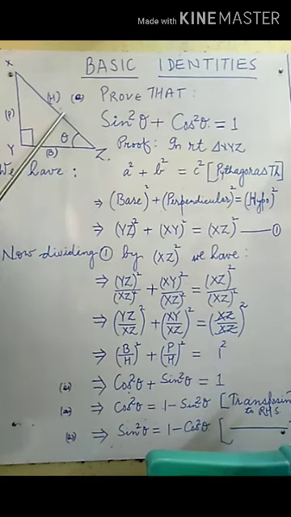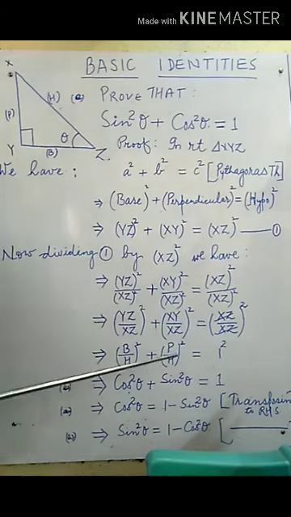Can you recollect? This is the ratio of cos of theta. Base upon hypo is the representation of cos of theta. So since b upon h is whole square, this will be cos theta whole square, and that will become cos square theta.